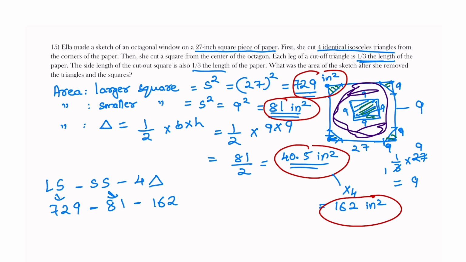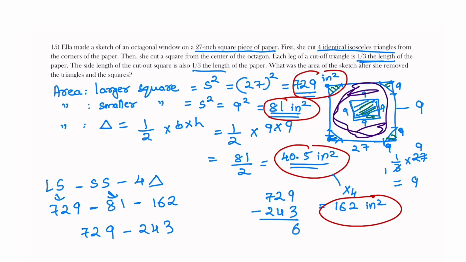So that's how you solve this. So this is 729 minus and minus, right? So 162 plus 81 gives us 243. So that's minus 243. Let's solve this further, which is 729 minus 243.